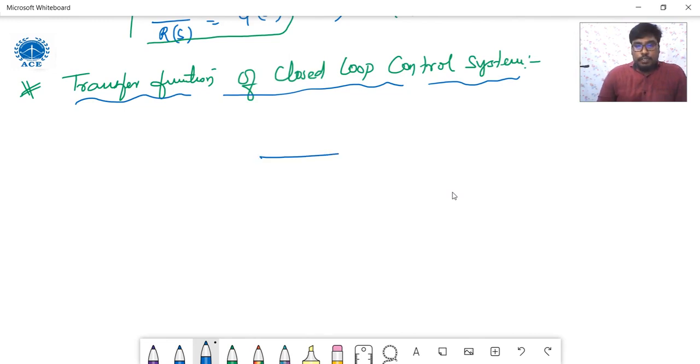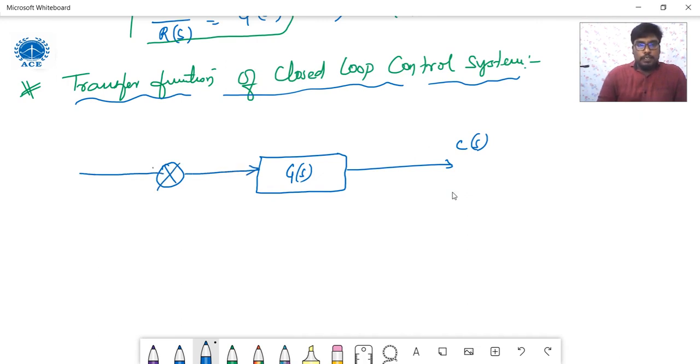So here is the block diagram. This is the forward path G of S with output C of S, and this is the summing point.